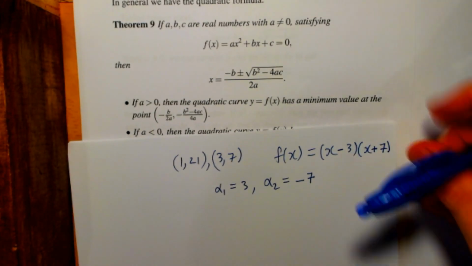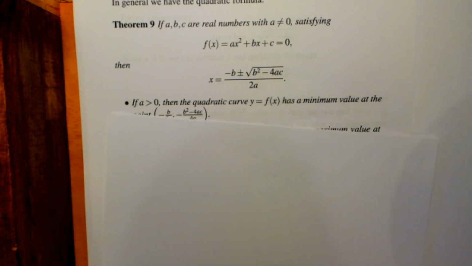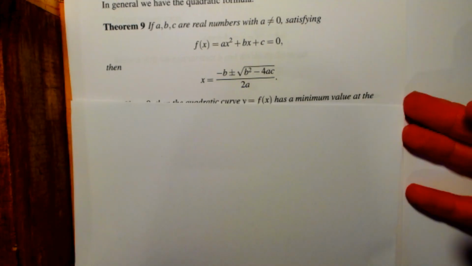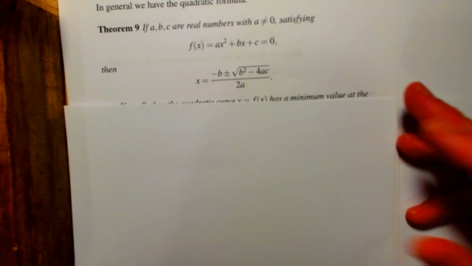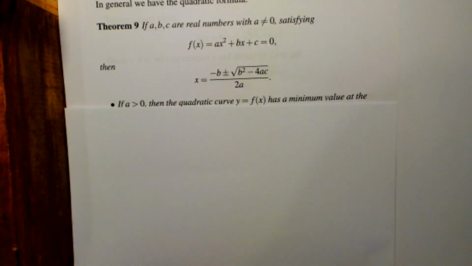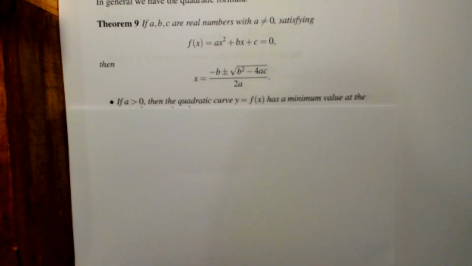Where we have a theorem. If a, b, and c are real numbers with a non-zero, so that it's actually quadratic and not linear, satisfying f of x is a x squared plus bx plus c equals 0, then we have the quadratic formula, which you should have already memorized, hopefully. If not, please memorize it, because it's useful and important.